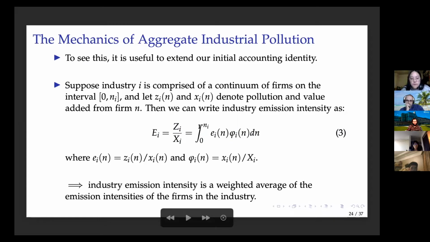So this integral is basically saying, if we add all emission intensities that we can observe at every firm that comprises industry I, we call each firm's emission intensity little EI_n, and we appropriately weight it by the share of that firm in the industry's overall activity, this is another way we can measure the overall emission intensity of the industry.